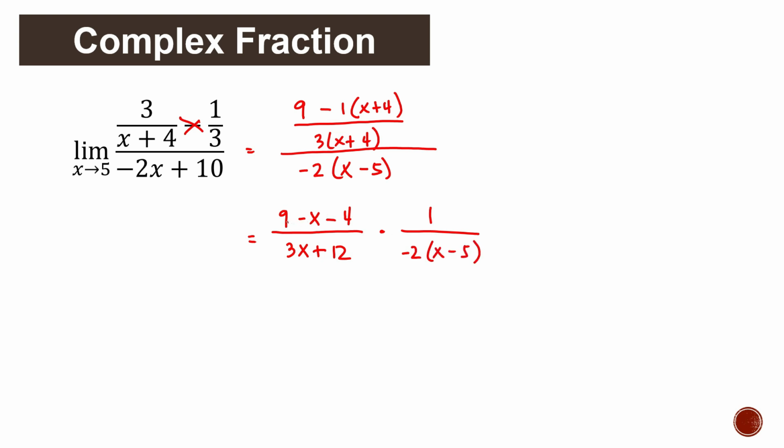Okay, so here we can simplify this. I think 9 minus 4 is 5. So this is 5 minus x.